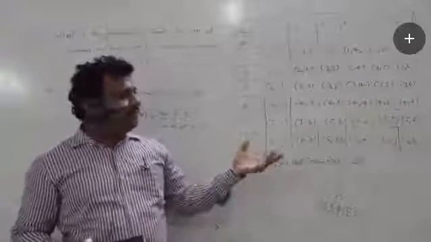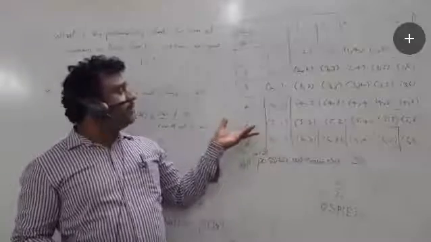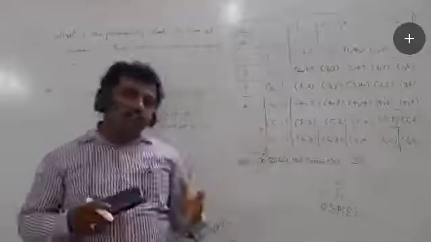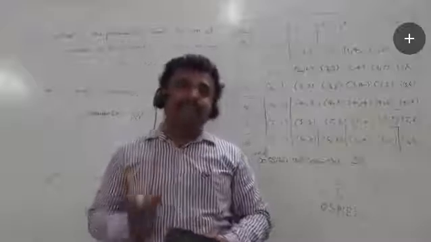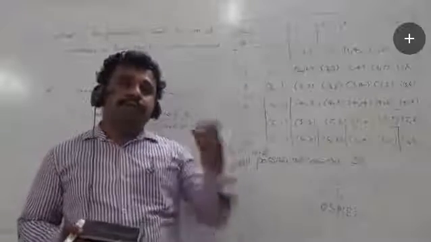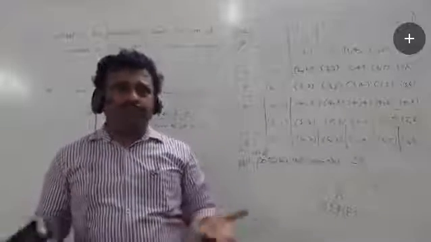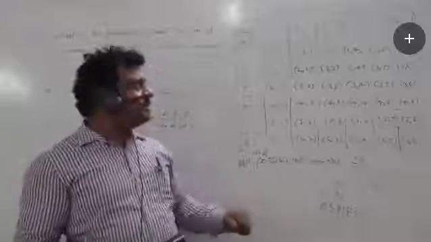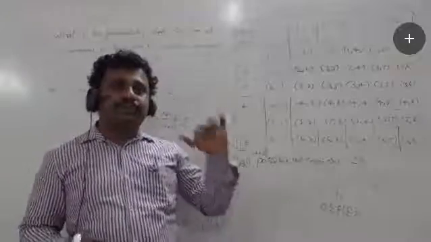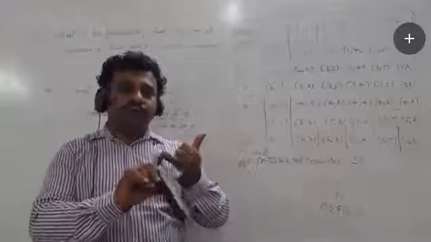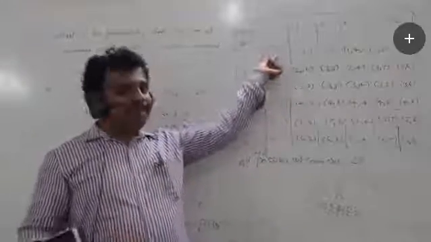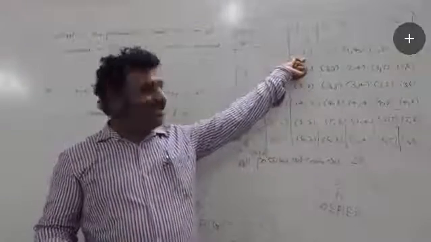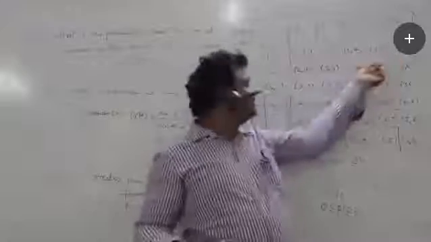For example, what is the probability of getting a sum of two numbers that is a factor of 6? What are the factors of 6? 1, 2, 3, 6. 1, 1, yes. 1, 2, yes. 1, 5, yes.